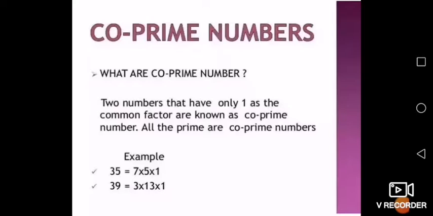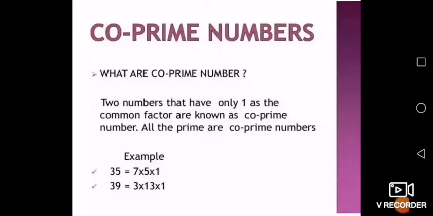As you can see, in both numbers you have 1 as a common factor. So now these two numbers are called co-prime numbers. So let's see the definition of co-prime numbers again. Two numbers that have only one as the common factor are known as co-prime numbers.